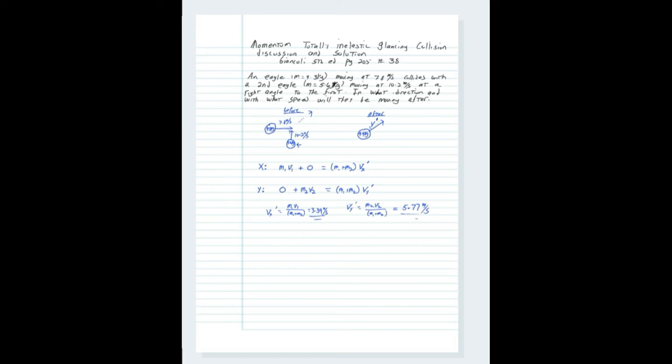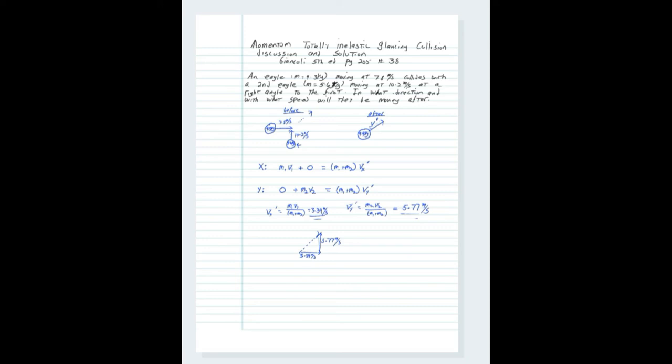So what we have overall is a combination of two eagles that are moving at 3.39 meters per second in the x direction and 5.77 meters per second in the y direction. So their overall velocity is going to be in this direction, which is more upward than rightward.